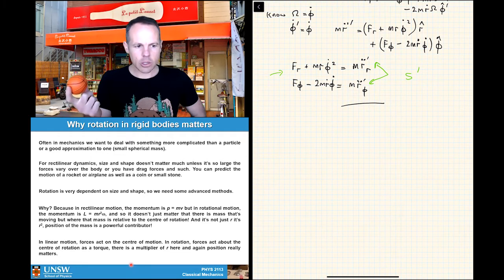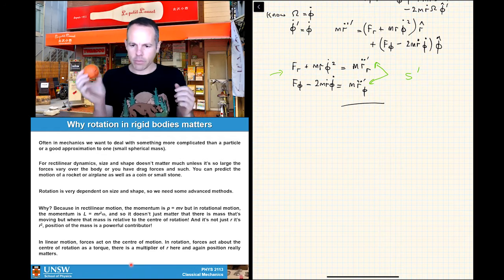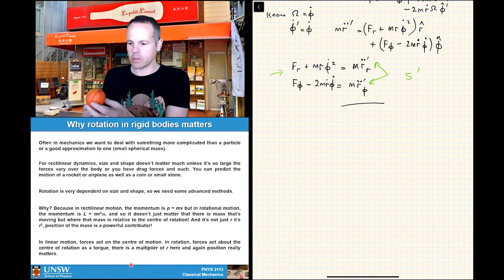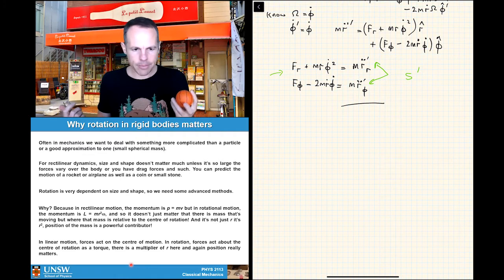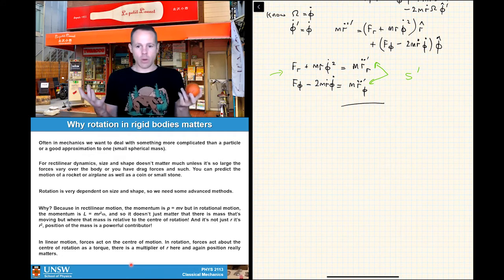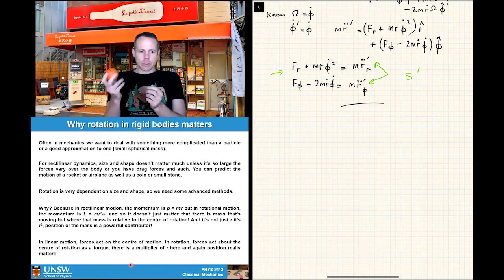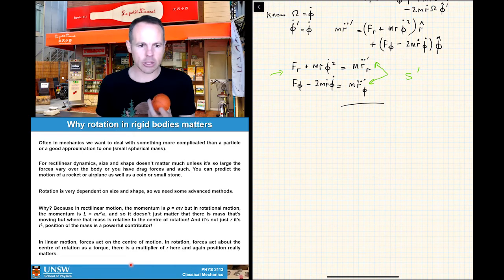And so you can predict the motion for linear motion as well for a basketball as you can for an electron or a rocket, using exactly the same equations, right? When it comes to rotation, it's very dependent on size and shape, and so we need to account for that.